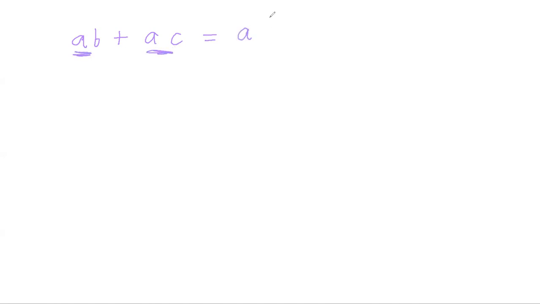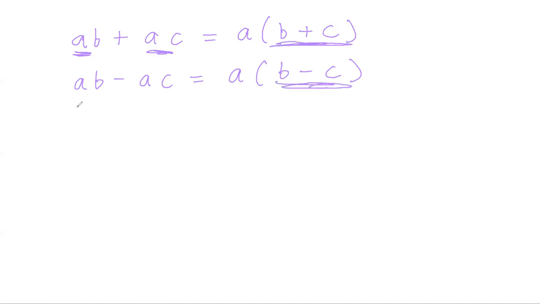So the A goes on the outside, and on the inside I have B plus C. And likewise, if I had AB minus AC, this is the same thing as A on the outside and then B minus C. So what we're going to start doing is figuring out what goes in the parentheses. And so we'll do some examples here.